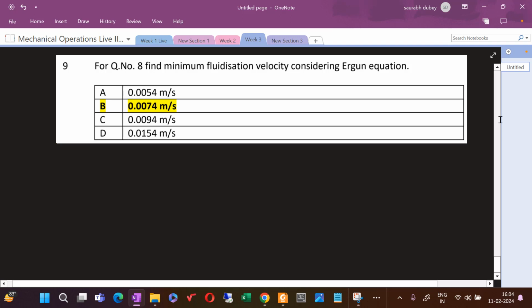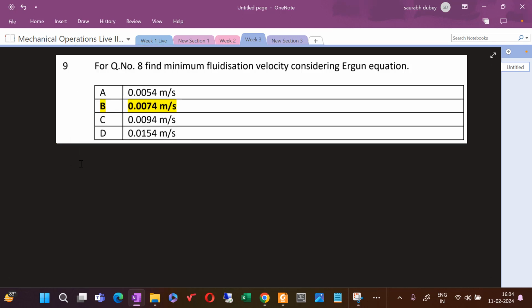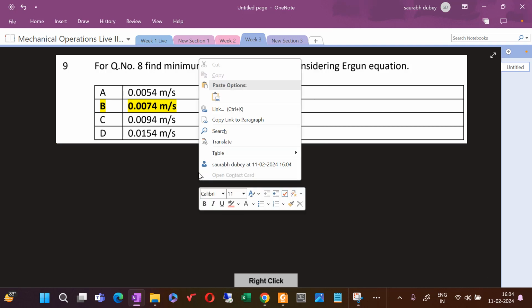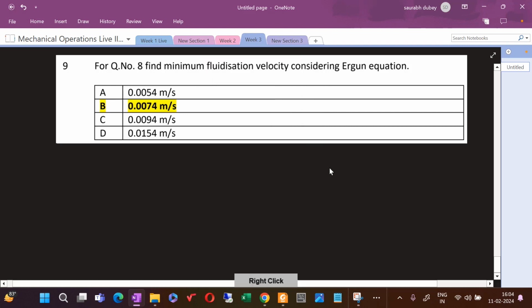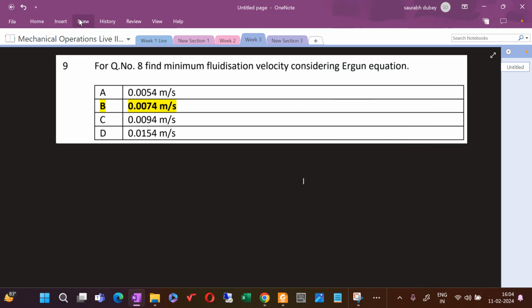And this Galileo number, all the data you take from part one, so I will be taking the data first from part one. Okay, so let me see. Let me take it from here.